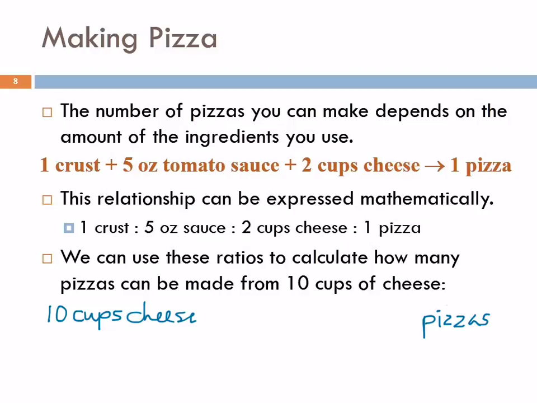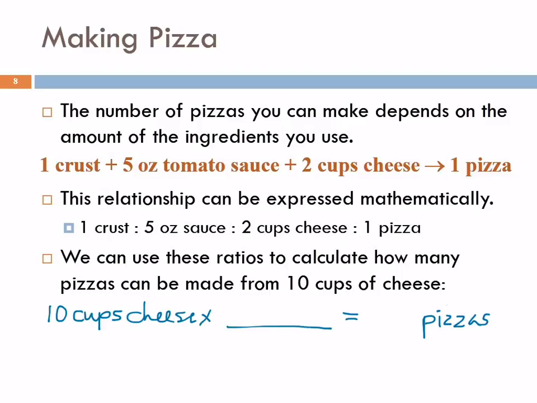We can do dimensional analysis to solve this problem, which you probably don't need to do with cheese and pizzas, but when we talk about moles of octane and grams of carbon dioxide, it's not going to be as obvious, and so we need our dimensional analysis.